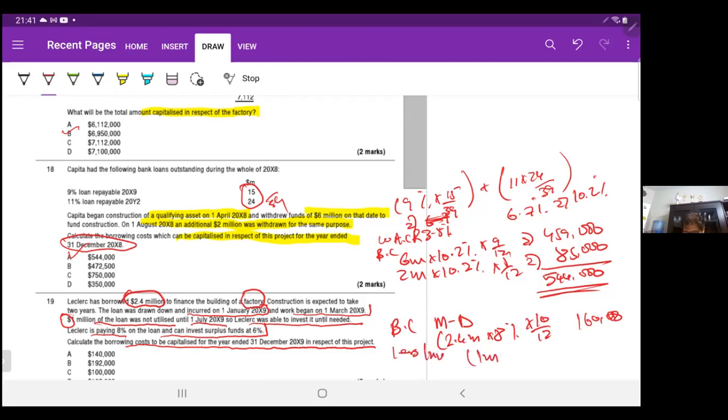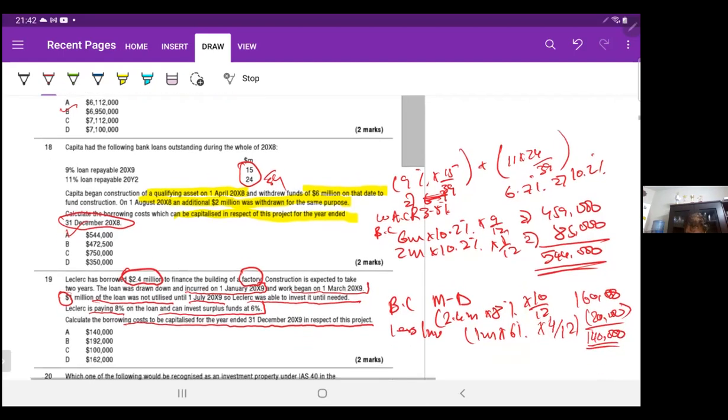It's 1 million investment at 6% rate, as we already noticed. 6% for 4 months, from March to 30th June, so 4 divided by 12. We get 20,000. We deduct 20,000, and 140,000 will be the capitalized amount.